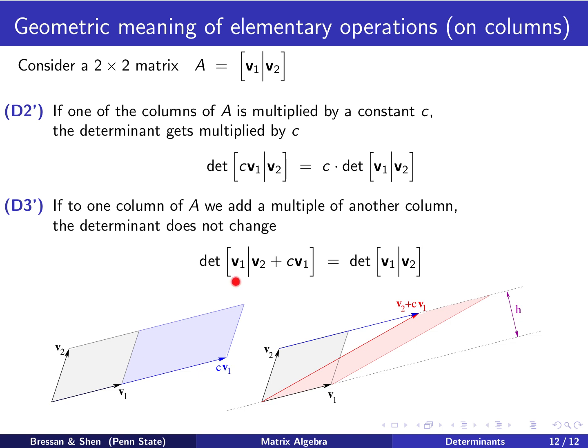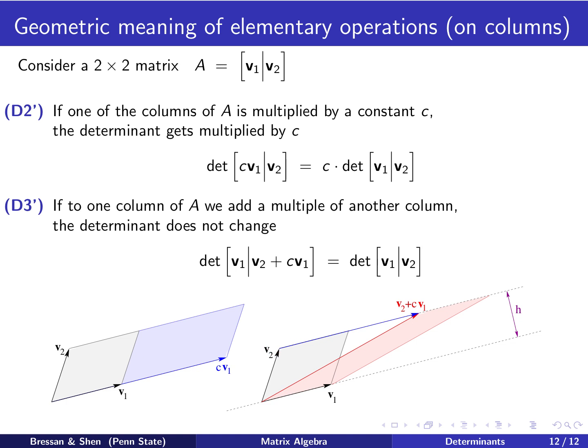If I have V1 here, and for V2 I replace it with V2 plus some constant C times V1, the determinant of this matrix is the same as the original matrix. So geometrically, what does it mean? We know the determinant of V1, V2. Here's the graph, that's V1, that's V2. This determinant will be the area of this parallelogram.